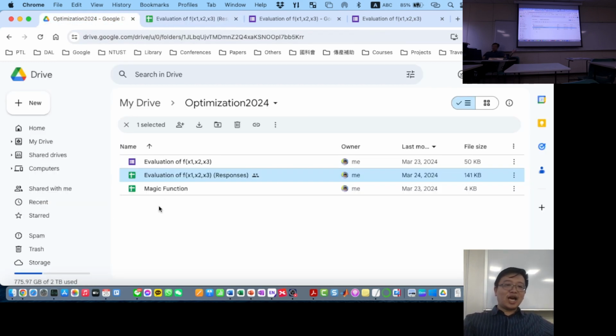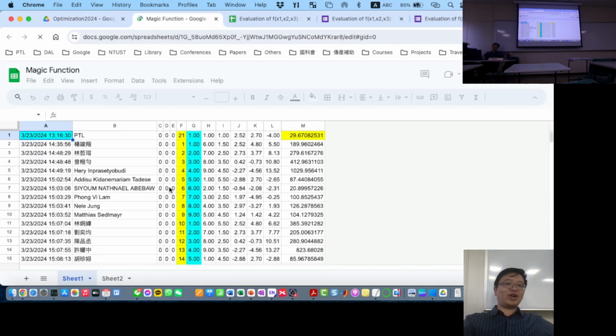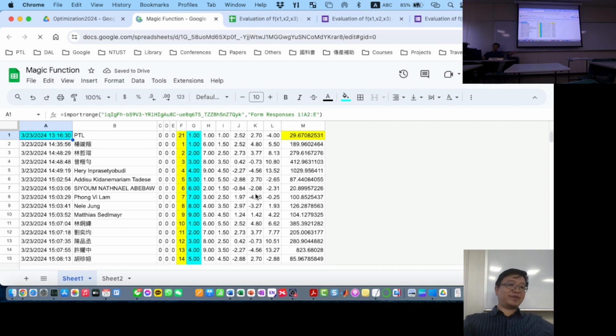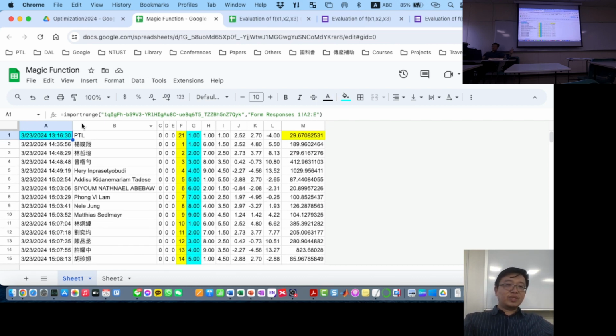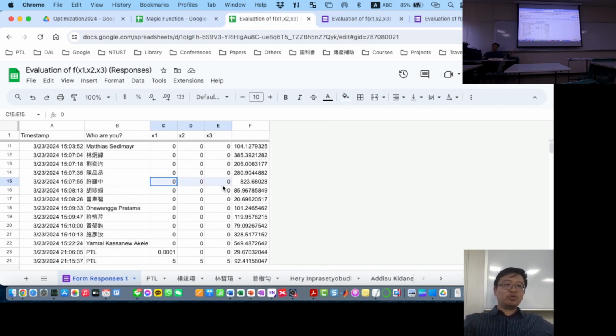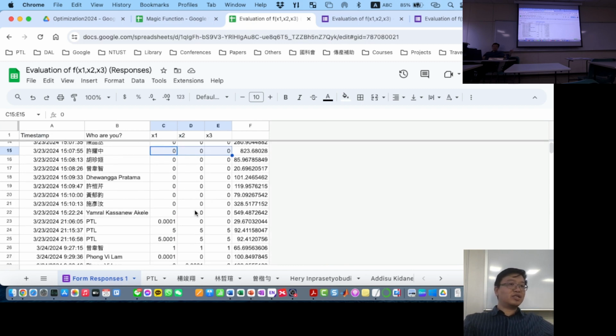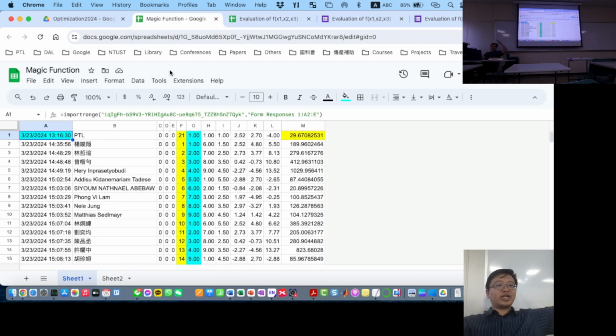So in the other file, I'll call this magic function. This is the file where I compute everything. So over here, it was an import. I imported what you sent to the Google form, and whatever you sent was imported to this magic function.